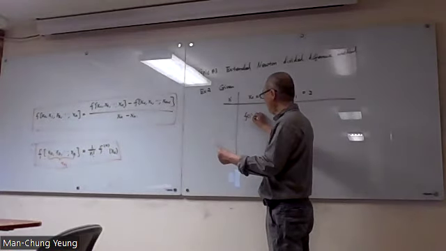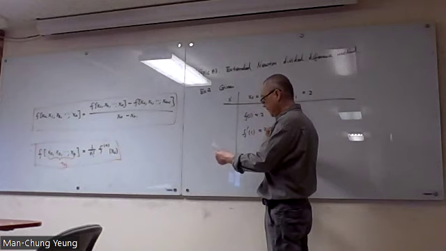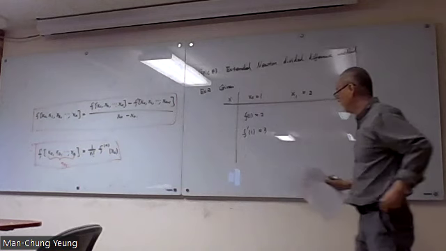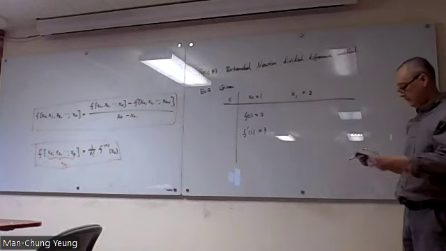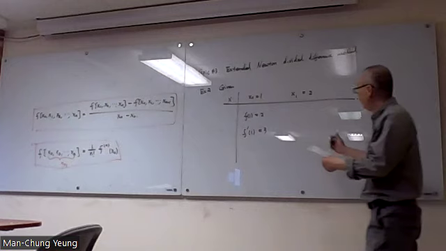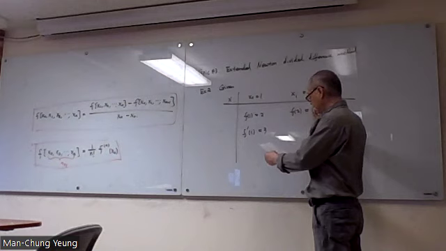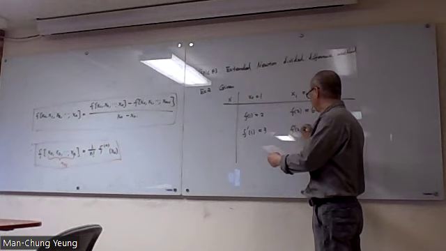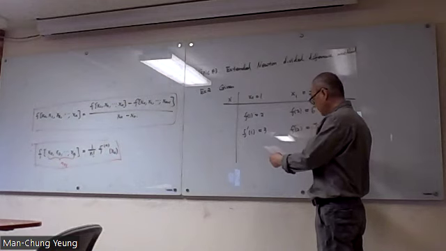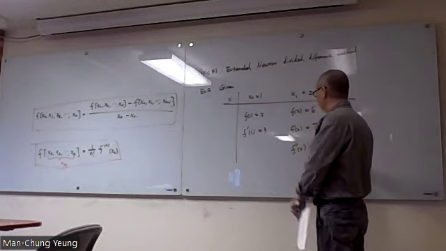Function value at 1 is equal to 2. Derivative at 1 is 3. Function value at 2 is 6. Derivative at 2 is 7. Second derivative at 2 is 8.